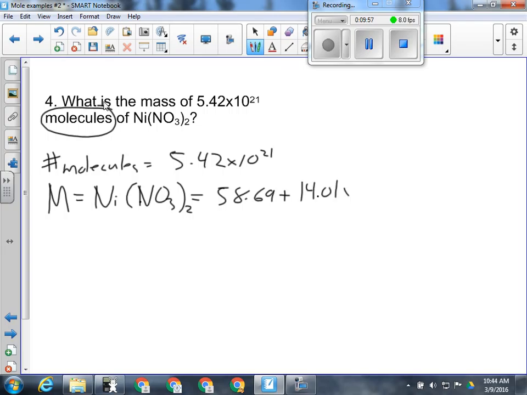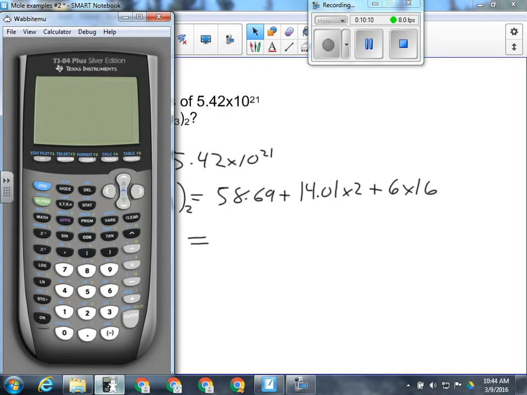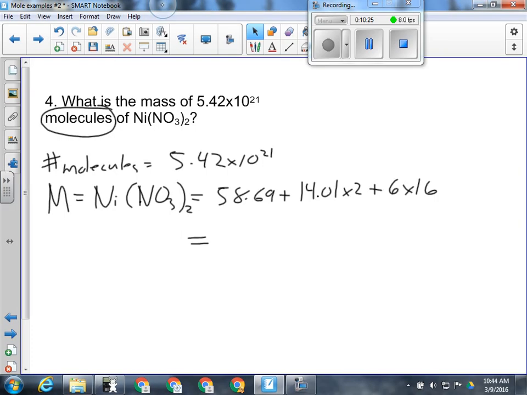So we got 14.01 times 2, and then we got 3 oxygens times 2 is 6, so 6 times 16. So we have 58.69 plus 28.02 plus 6 times 16. So 182.71 is our molar mass. Okay, so we've got that.